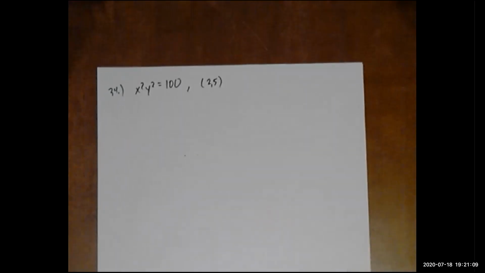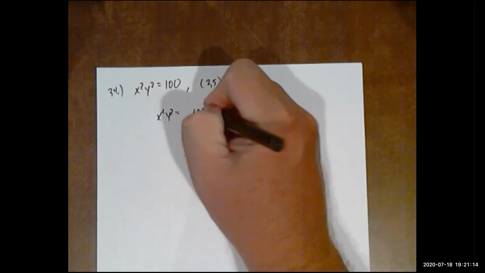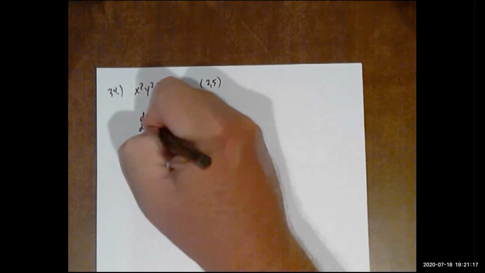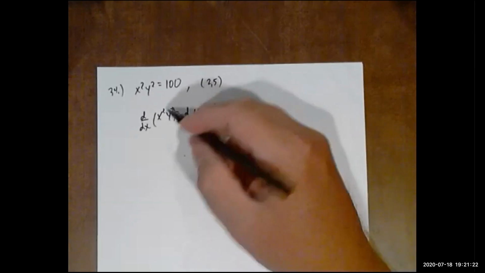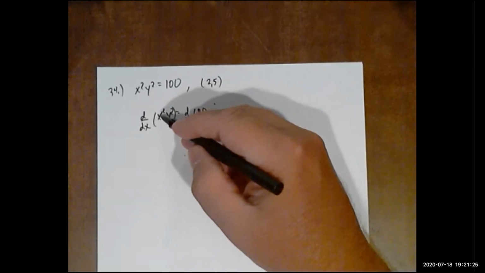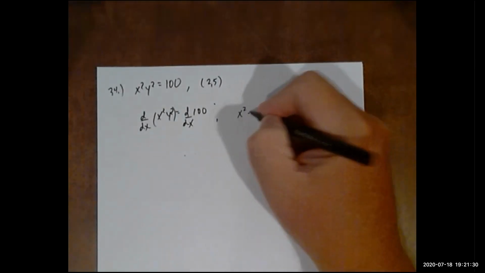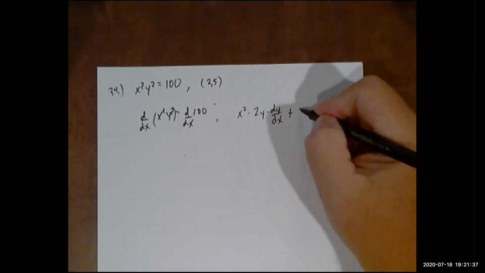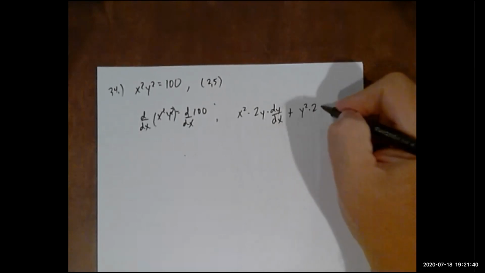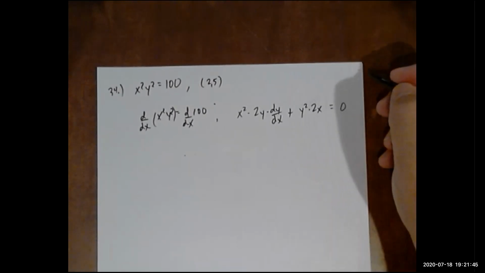All right. Here's my original function. Take the derivative of both sides. Product rule here. I got two functions times each other. So the first times the derivative of the second, 2y dy/dx. Then the second times the derivative of the first equals 0.